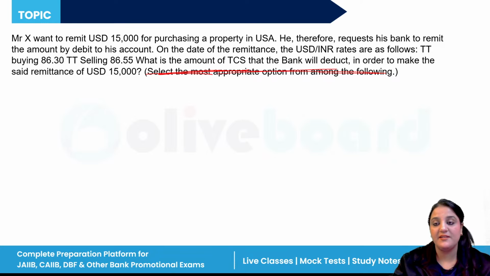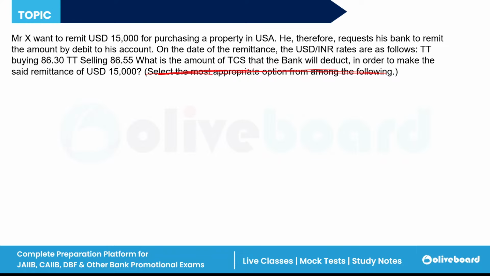What is the amount of TCS that the bank will deduct in order to make the said remittance of US dollar 15,000? Which option is correct here?